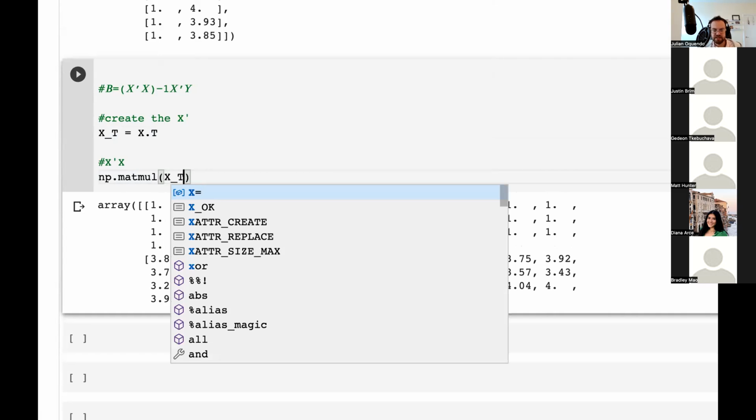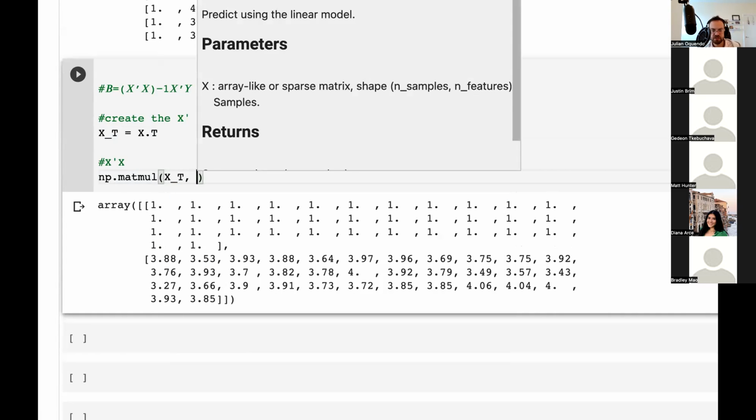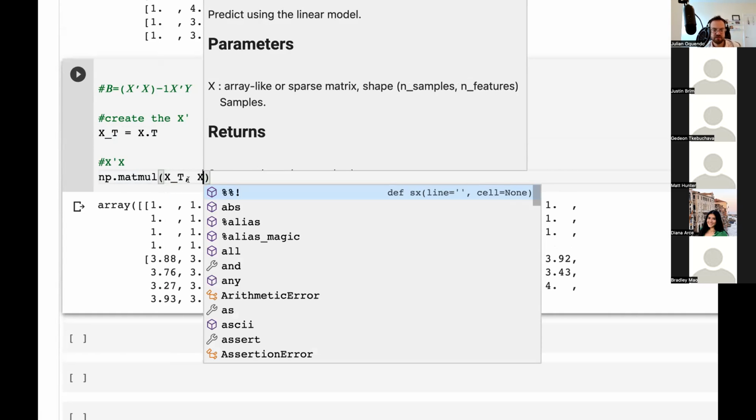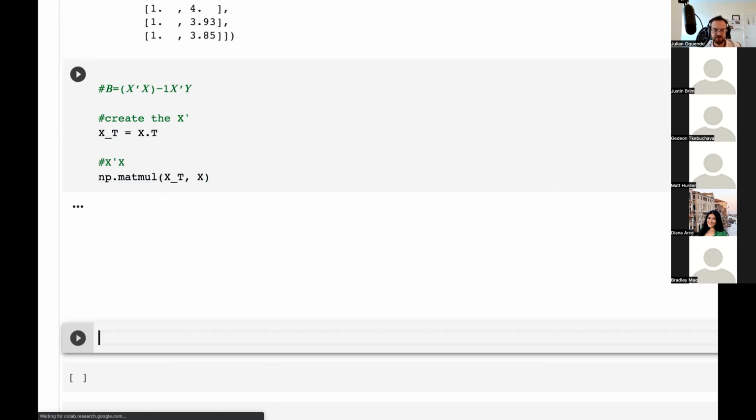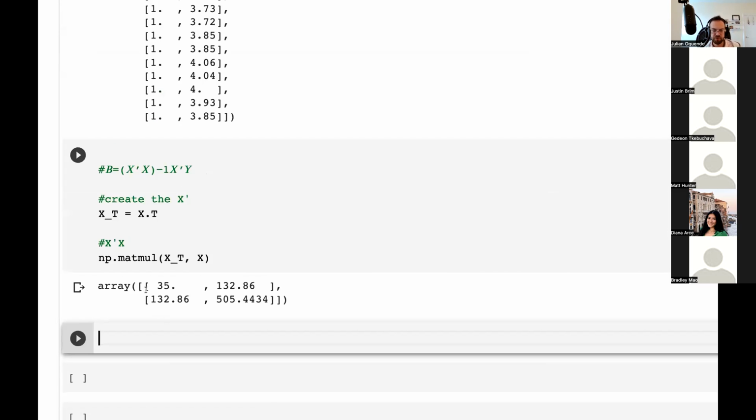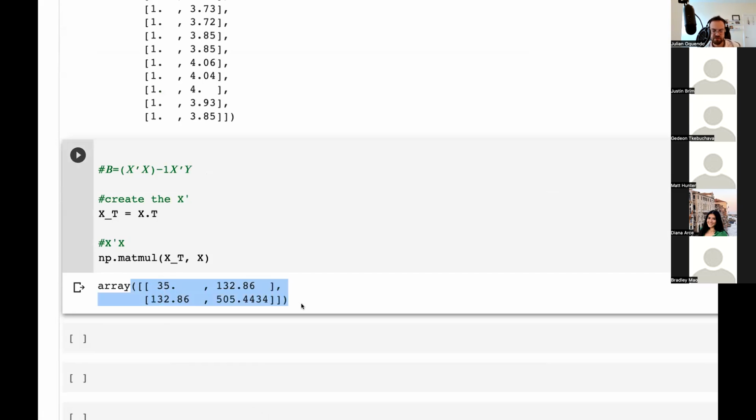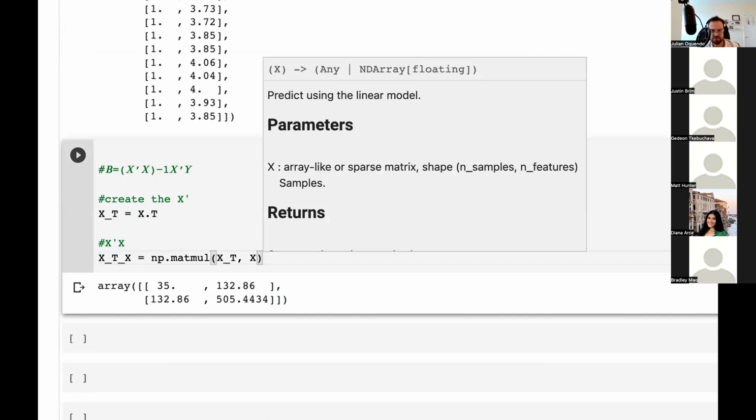So in this case, I take my X transposed to my X. Note that it returns this 4-part matrix that calculates the matrix multiplication of X transposed to X. This can be identified as XTX.